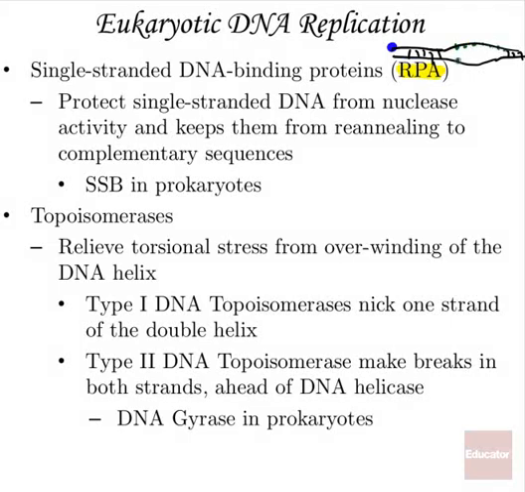and what it does is it not only keeps them from reannealing and rehydrogen bonding back to their complementary strands, but it protects them from any nuclease activity. Remember, nucleases will cut DNA, and some of them do so non-specifically. So there's nothing to keep a nuclease from coming in and cutting this DNA.